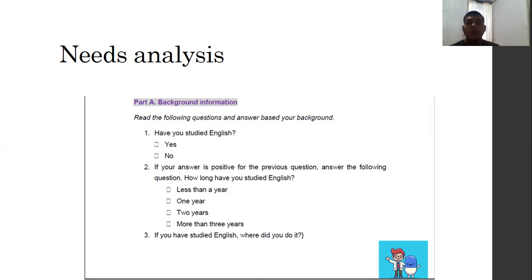Yes, no. Based on this, they have to answer question number 2. If they answer yes, they have to tell the time they have spent studying this language: less than 1 year, 1 year, 2 years, more than 3 years.